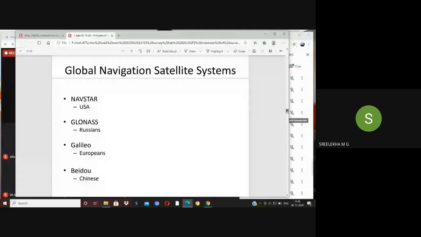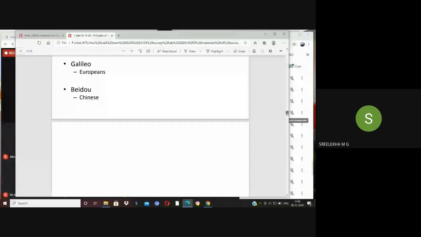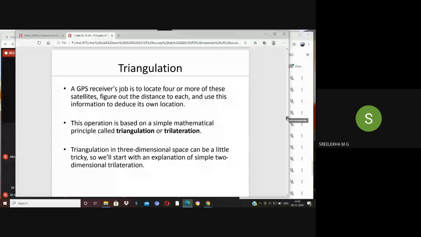And now how is GPS working? It is based on the triangulation process. So what is the triangulation process? Triangulation means collecting the distance of that position with respect to the satellites.